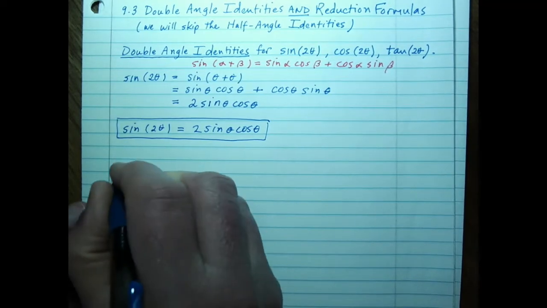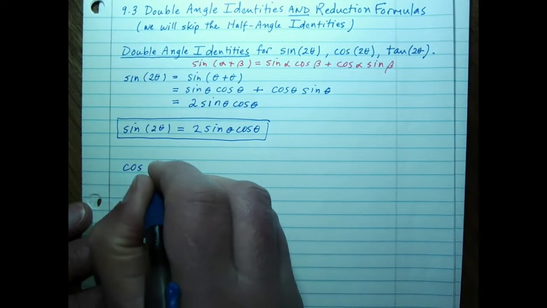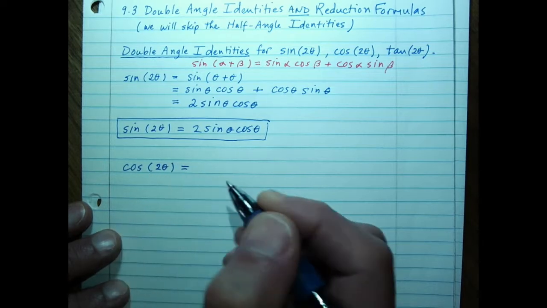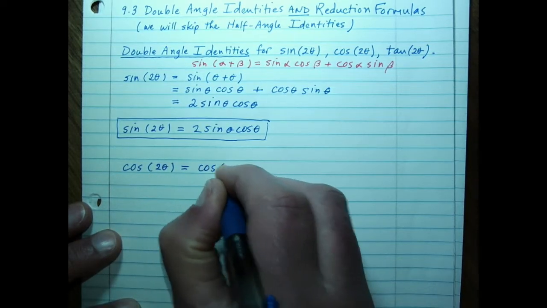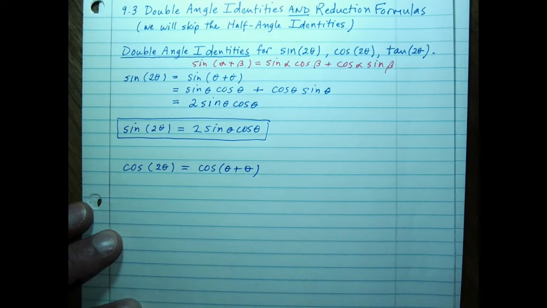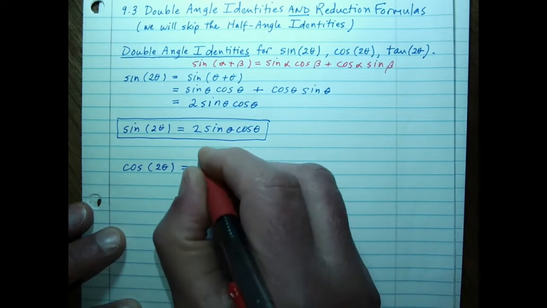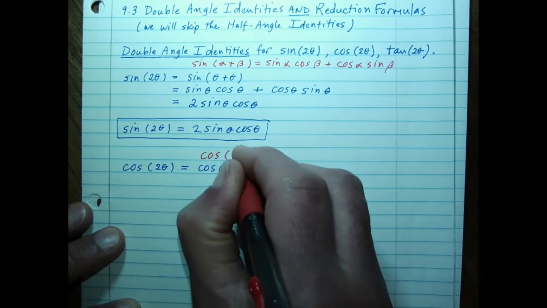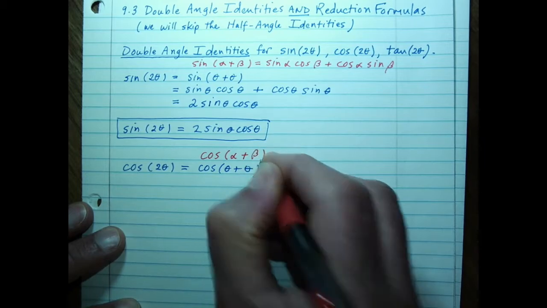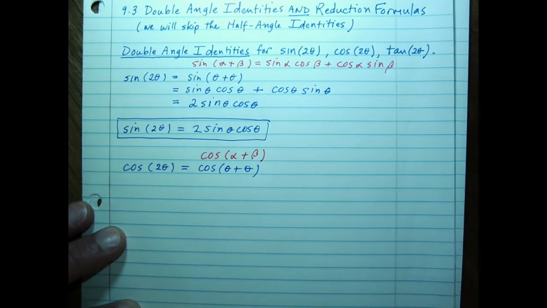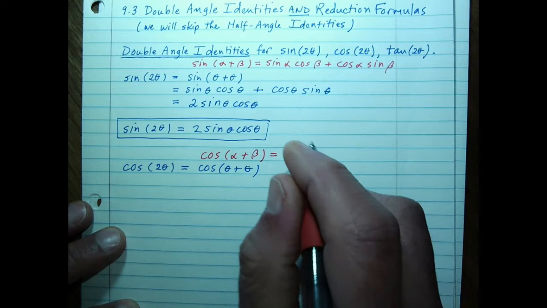Okay, now let's do the same thing with cosine. Let's take cosine 2 theta and think of it as cosine of theta plus theta. And we're going to bring into the picture our cosine of the sum identity, which we write as cosine of alpha plus beta.